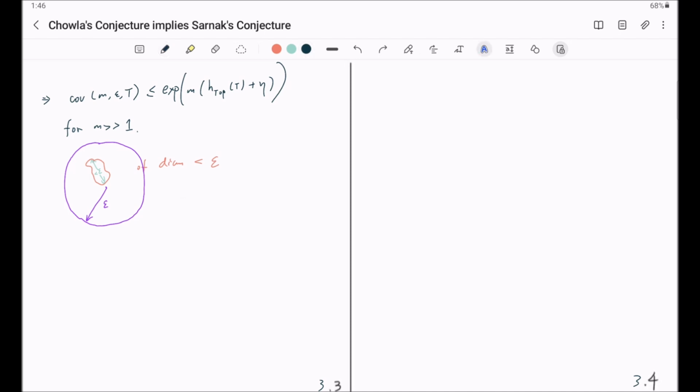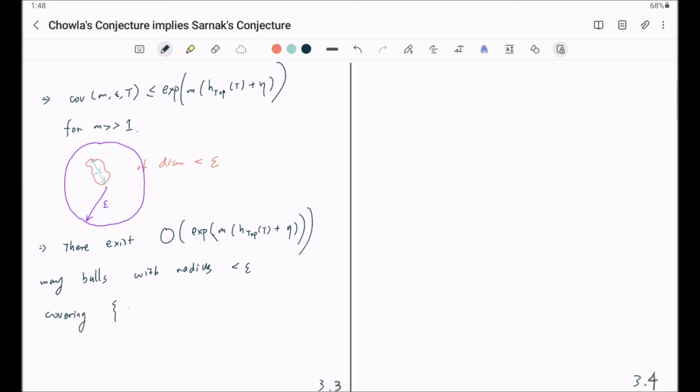It follows from this geometric relation that there exists big O of exponential of m times h_top of T plus eta many balls of diameter less than epsilon, with radius less than epsilon, covering the sequence.